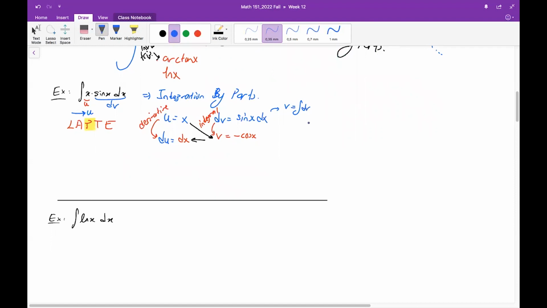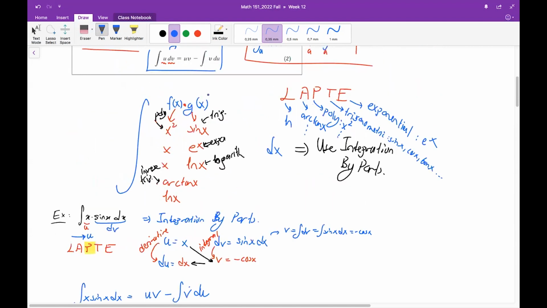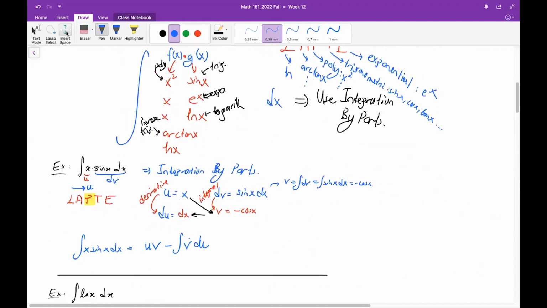So the integral of sine x dx is just minus cosine x. So this integral in the question is evaluated as u times v minus integral v times du. This is the integration by parts formula given in the statement.